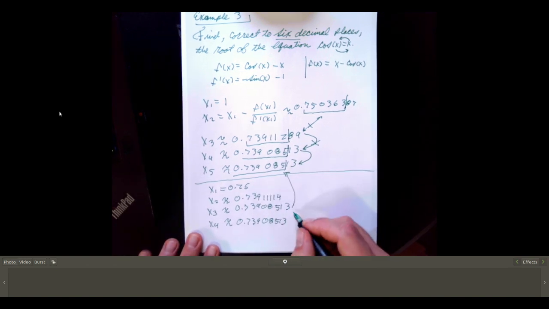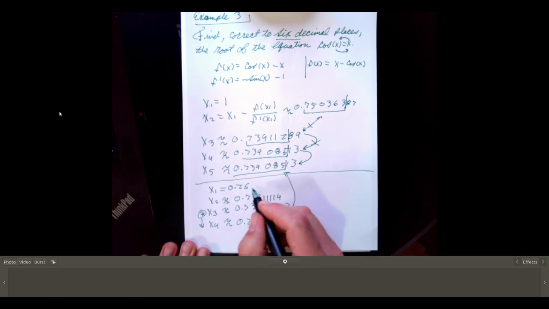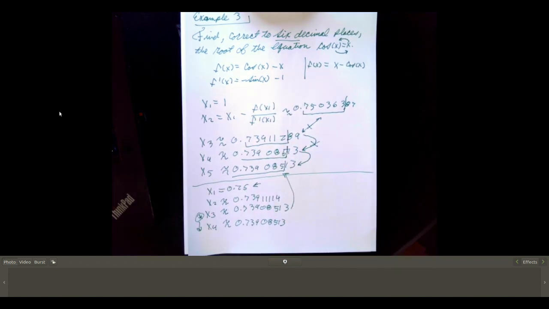Notice how you get your answer on the 3rd step. You do have to calculate the 4th step to make sure that you're correct, but by having a more accurate guess, we didn't have to do the process as many times.